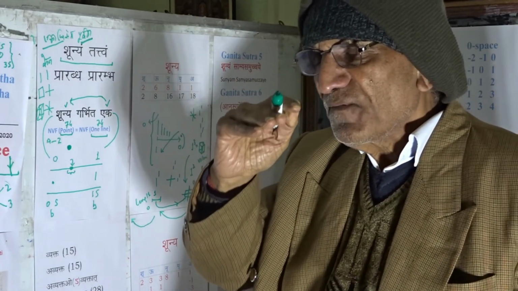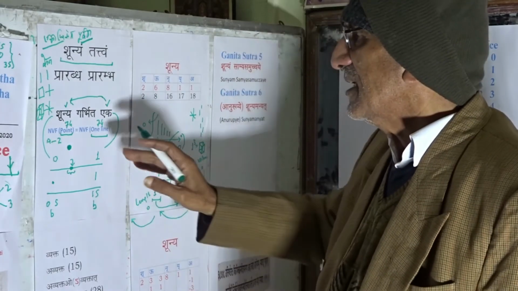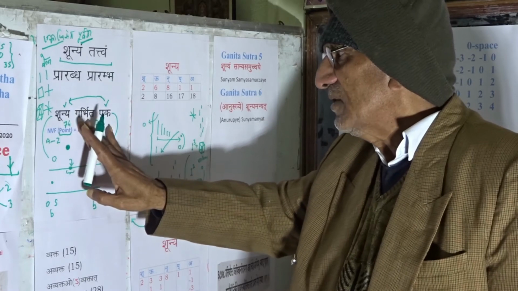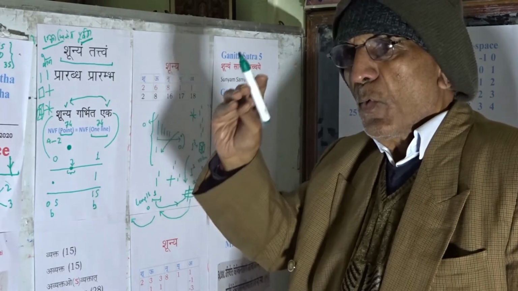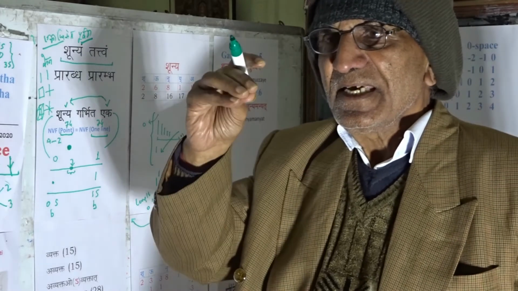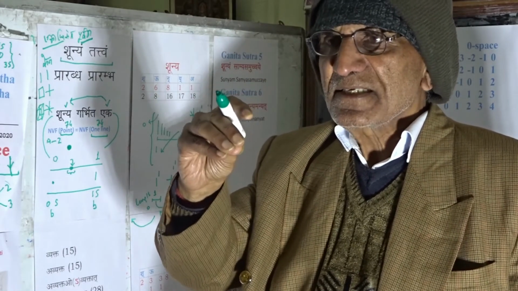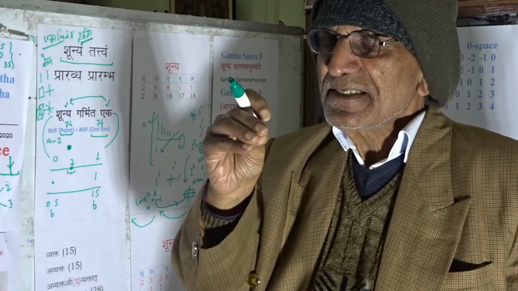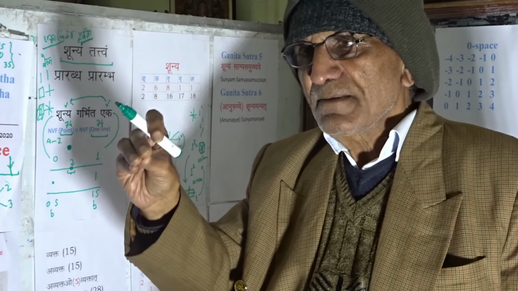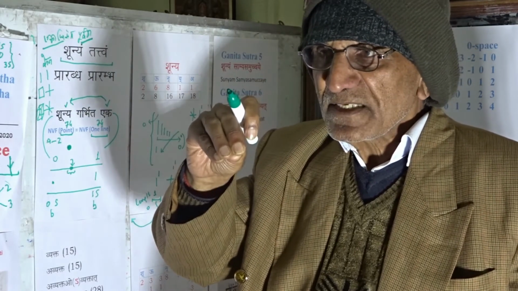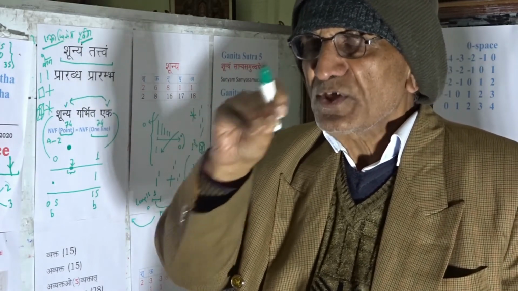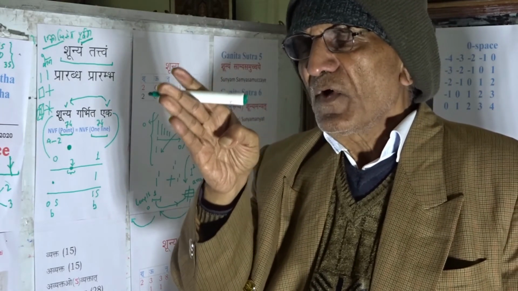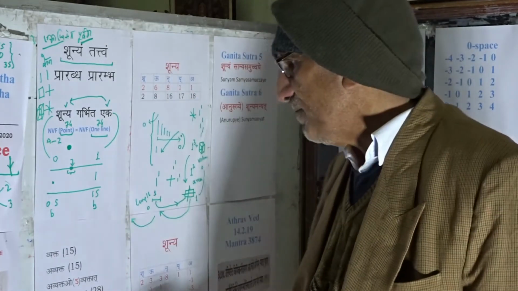Let us sit comfortably and let us revisit this formulation: शून्य गर्भित एक. One is inherently placed within Euro. One space is inherently established within Euro space, playing the role of an origin. One space is playing the role of origin of a Euro space.